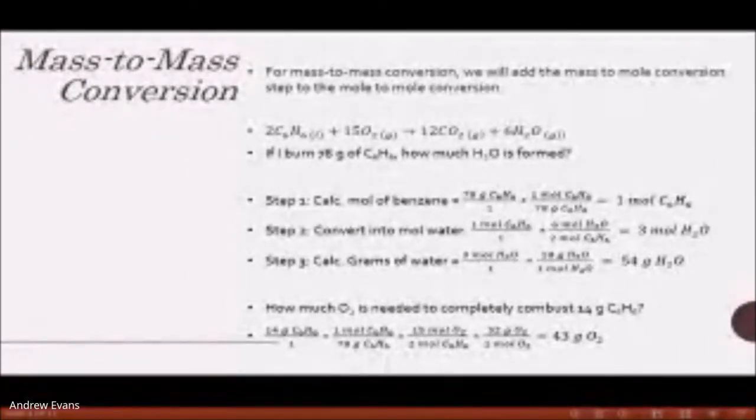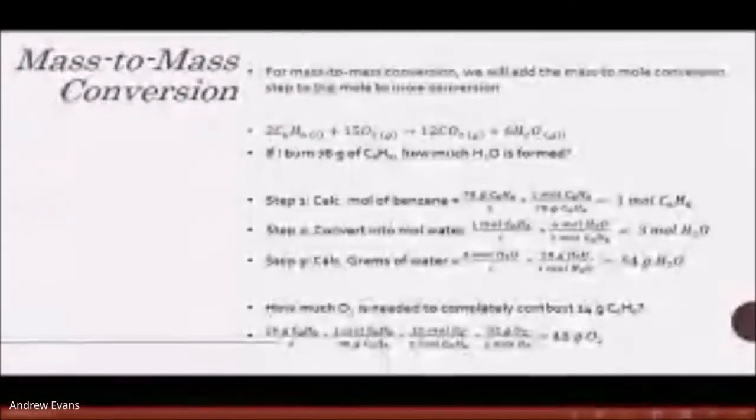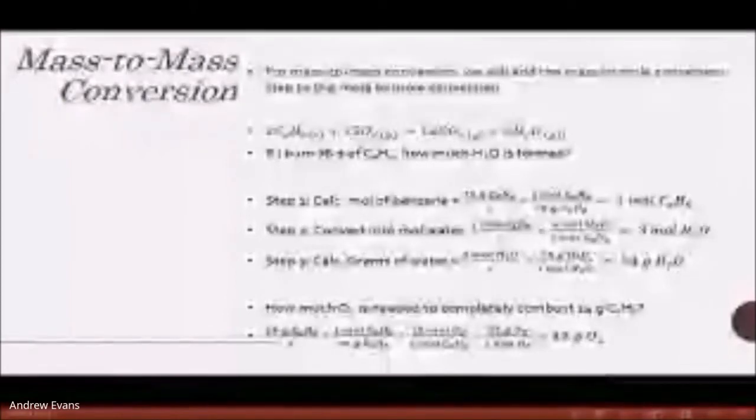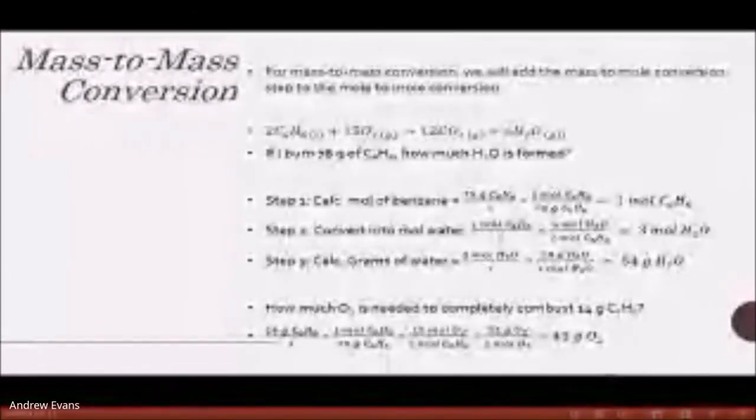When I calculate percent yield, you'll have to do this and then compare this to actual yield. You'll have to calculate mass to mass to calculate what's called a theoretical yield and compare it to a number you actually observed in lab. So all these things will come back to this mass to mass conversion.